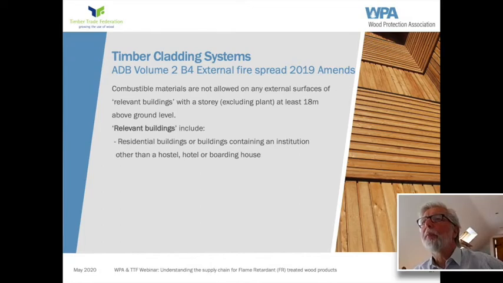So approved document B, section B4, now requires that combustible materials not be used on any external surfaces or indeed within the external wall of what they define as relevant buildings, and I'll explain a little bit what those are, where the building is at least 18 meters above ground level.